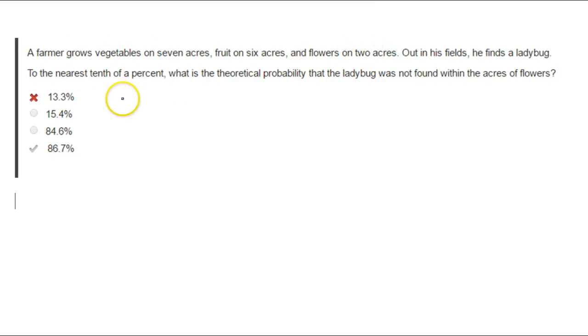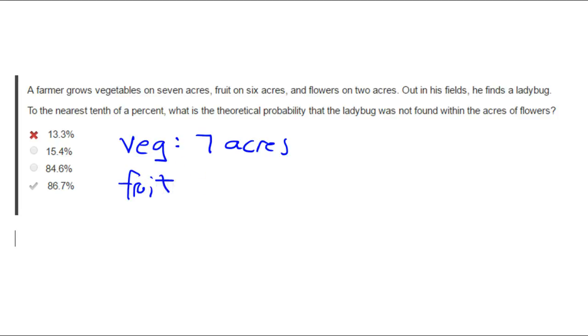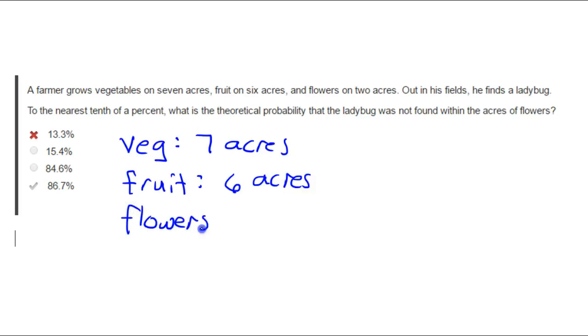Let's write that down. Out in his fields, he finds a ladybug.